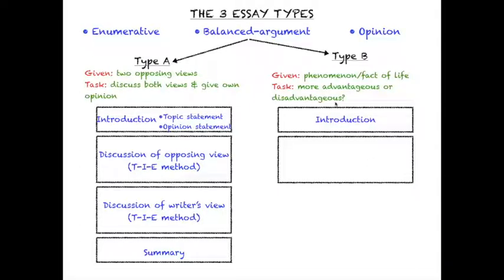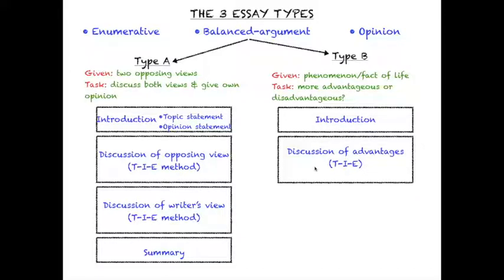So since in the first paragraph the writer emphasized that it is actually more of a negative thing, then therefore the advantages of that phenomenon are discussed here. Now, notice also that in this case, we follow again the TIE method. So you might want to ask a student to read the first half of the second paragraph, and then the other half can be read by another.